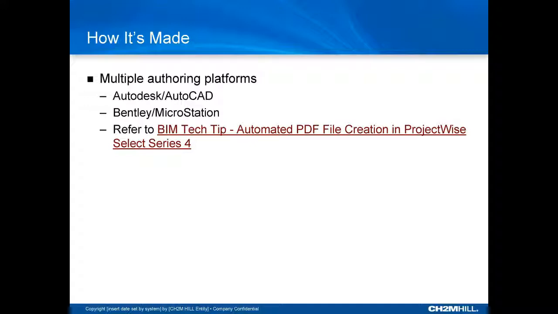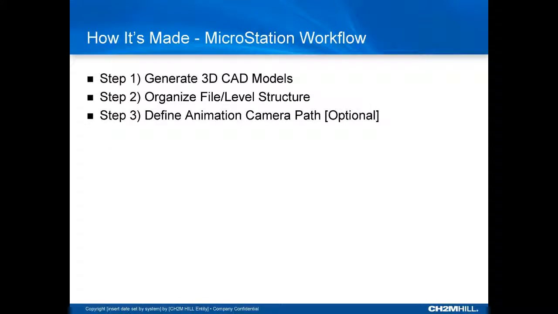So the 3 steps that I'm going to highlight in this MicroStation workflow. Number 1, you've got to generate your 3D CAD models. So I'm already starting with that being generated. Number 2, it needs to be organized in a file level structure.